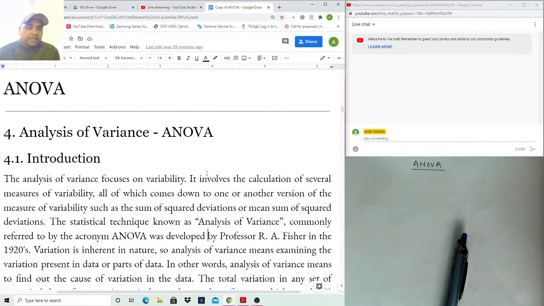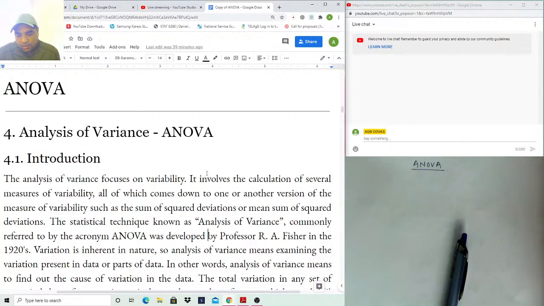Out of these four tests, the Z test and T test were applied for hypothesis testing about the mean, and chi-square and F test were used for hypothesis testing about the variance.